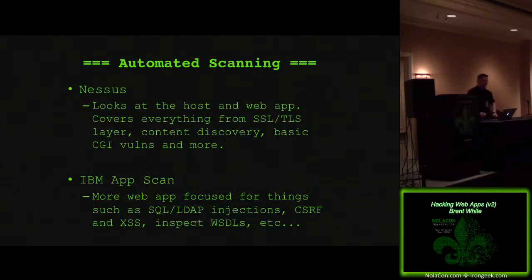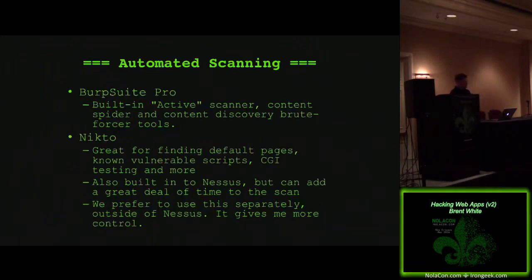Okay, so automated scanning tools. There's so many out there that are free, such as OWASP ZAP, and many more. There are a few new ones in Kali rolling that I haven't had a chance to play around with yet. But I like Nessus. It's really good by Tenable. IBM AppScan is also a very good tool. Burp Suite Pro, you're going to hear me mention that a few times. I love Burp Suite Pro.